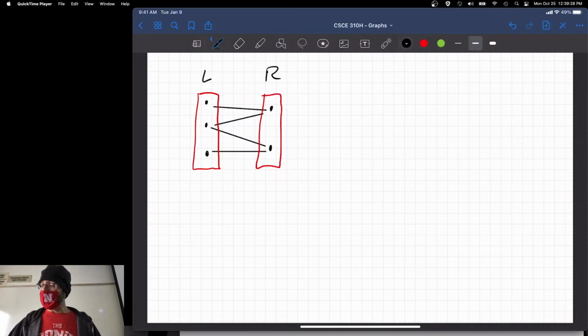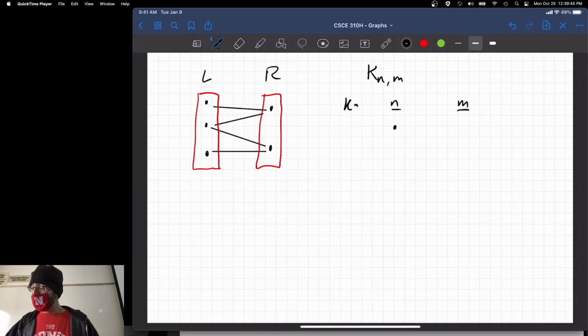You can also talk about complete bipartite graphs. A complete bipartite graph on n and m vertices means that there are n vertices over here and m vertices on the right partition. So, for example, what does K3,2 look like?